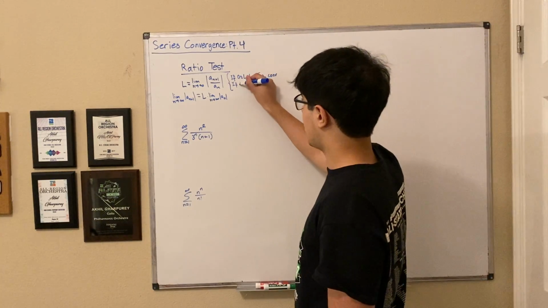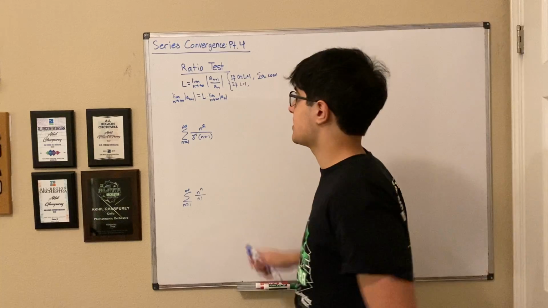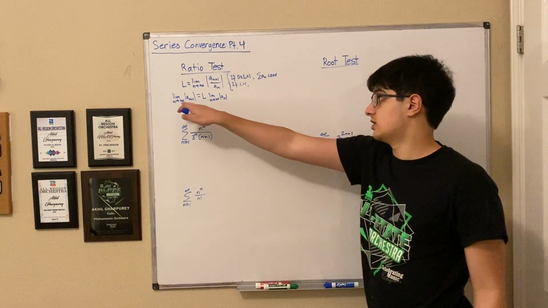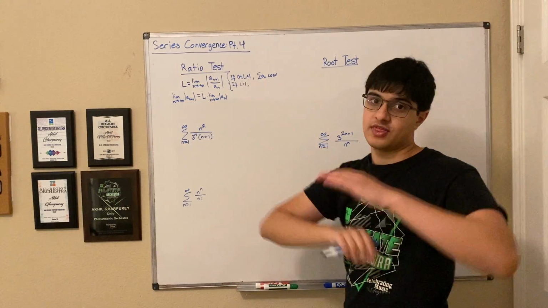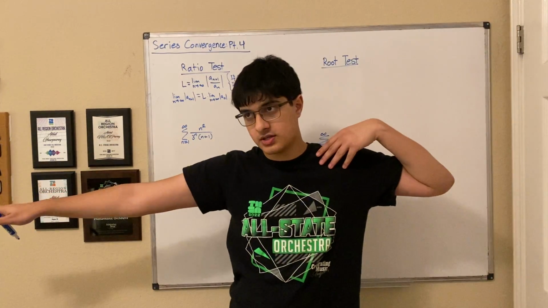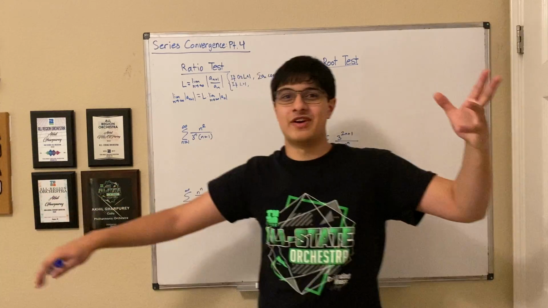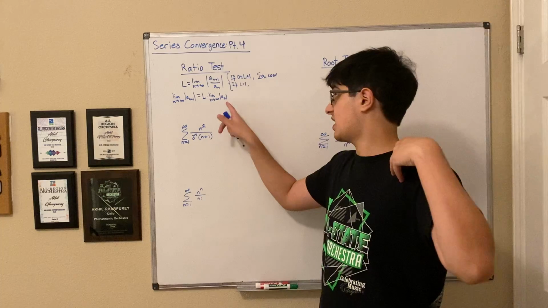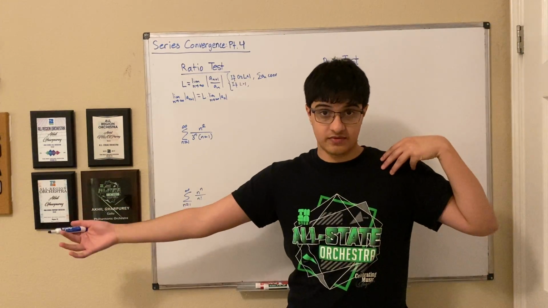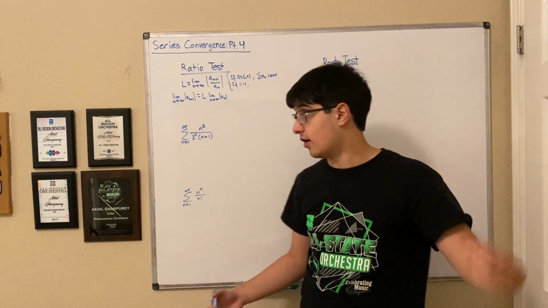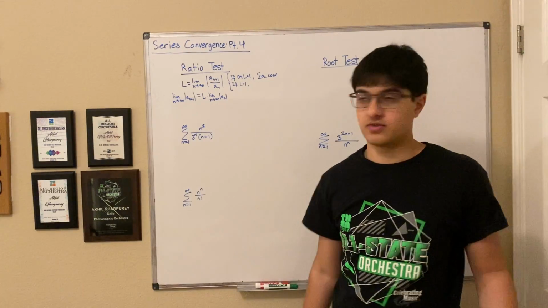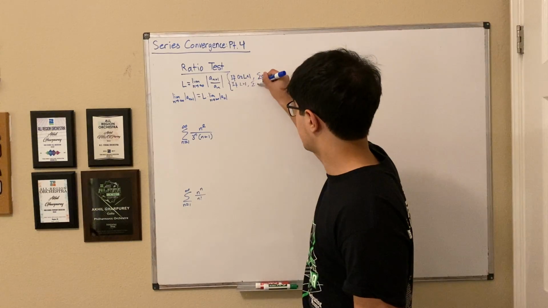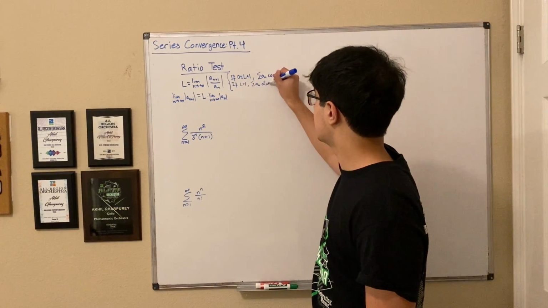However, if L is greater than 1, then the n plus 1 term of a sub n is going to be larger than the nth term of a sub n by a factor of L. So that means it's going to be increasing at a factor of L, and we don't want that because that'll mean that the series diverges, and that's kind of the sad ending here.